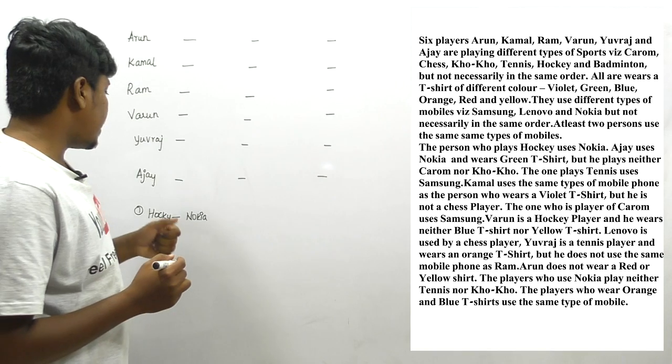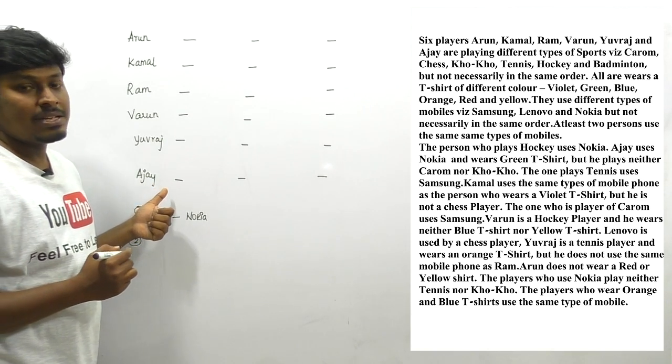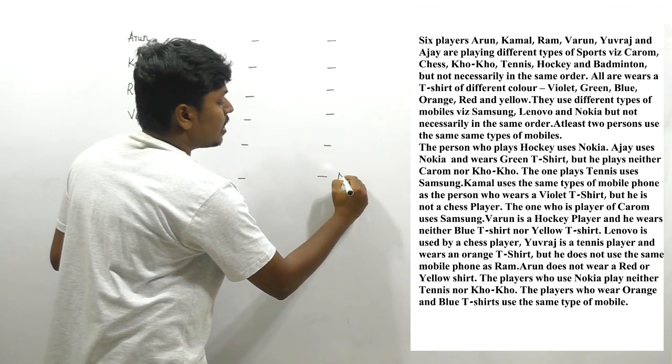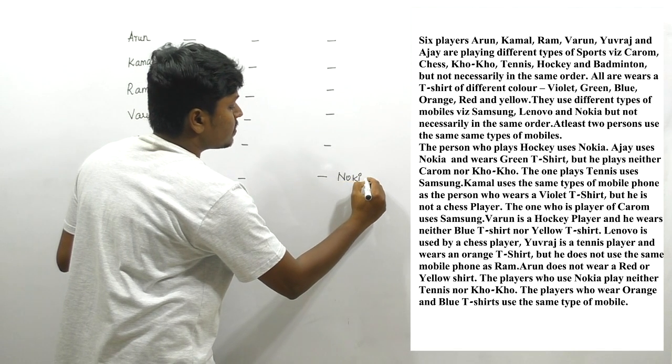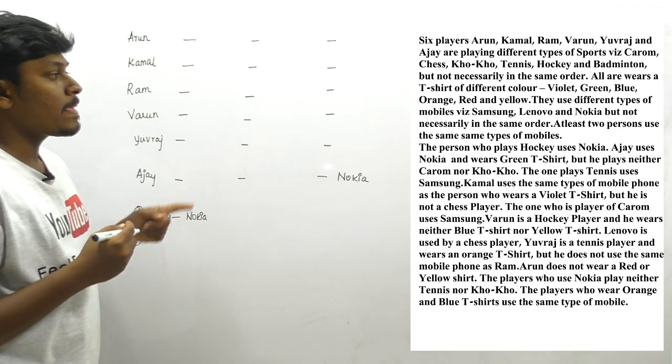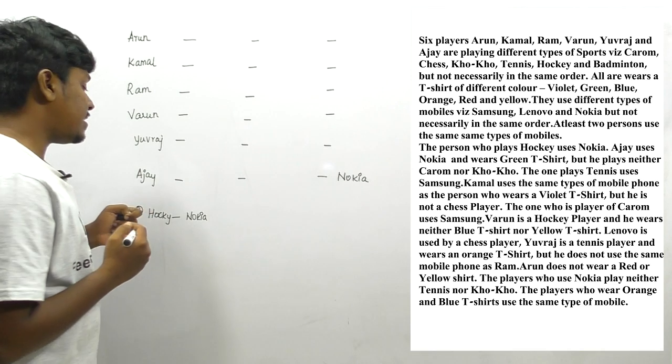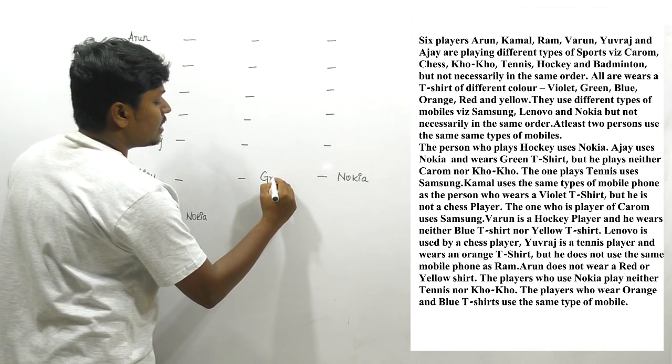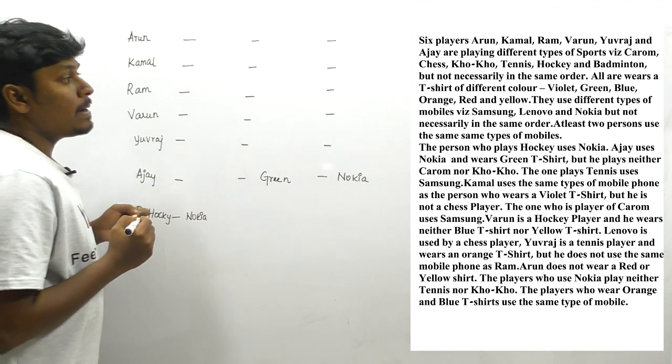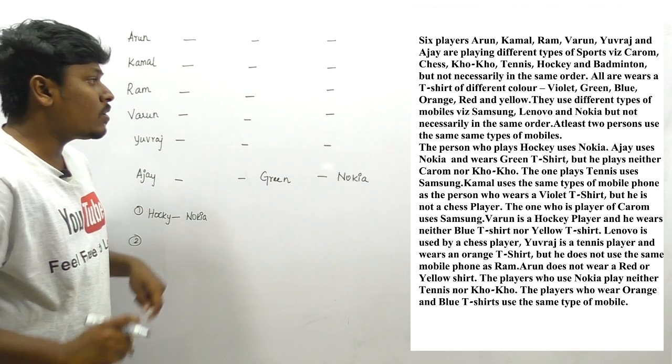Ajay uses Nokia. They have clearly said that Ajay is using Nokia, so I take this column for mobile. Ajay is using Nokia and wearing a green t-shirt, but he plays neither Carom nor Kho-Kho.